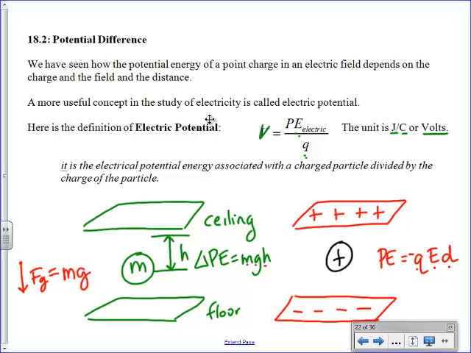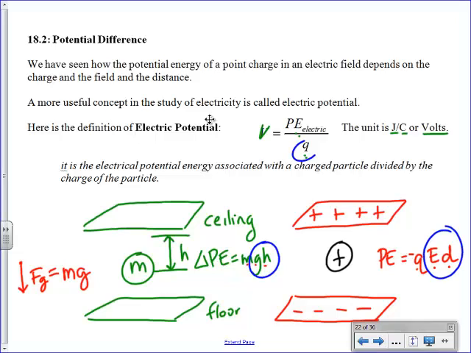Now, what we want to do here is come up with a way to define a potential energy change independent of mass or independent of the amount of charge. So basically we're going to focus on this part of the equation.